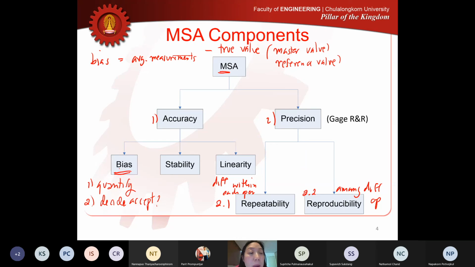We have to compare the actual amount of bias with the process variation, and it will come in the form of a percentage. If this percentage, for example, is greater than 10%, we will not accept it.